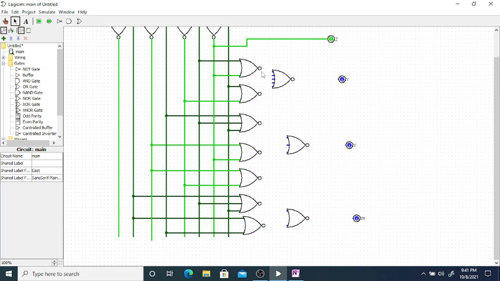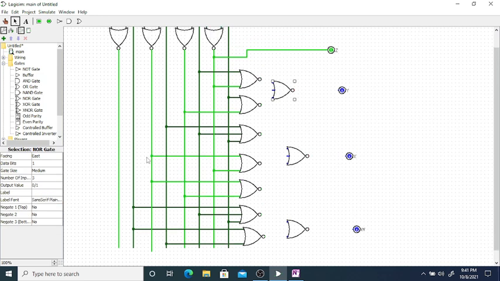Now we will connect the outputs. Here this gate requires 3 inputs. So we will take 2. It will require 2 inputs. So we will connect these gates to the output gate.